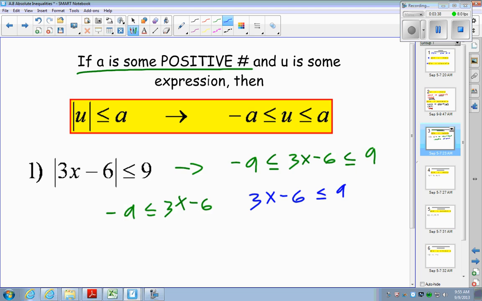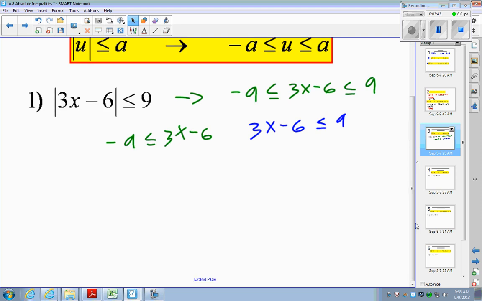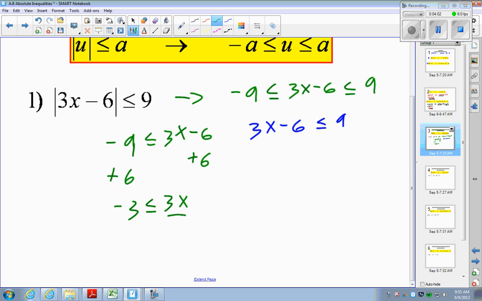Okay, so now that we've broken it up into two parts, let's solve each one. So the goal here to the left is to get x by itself. Okay, so here we'll end up getting negative 1 is less than or equal to x.